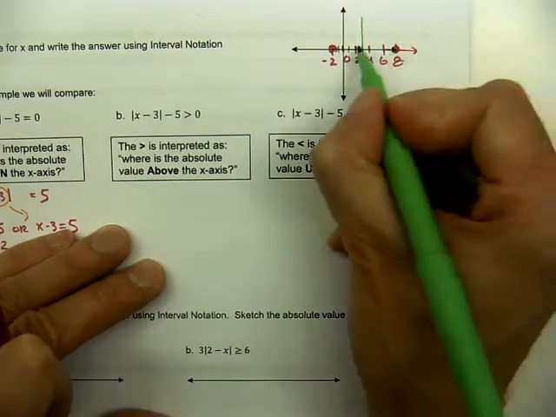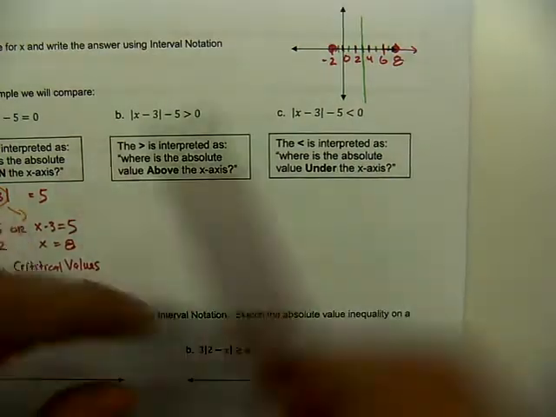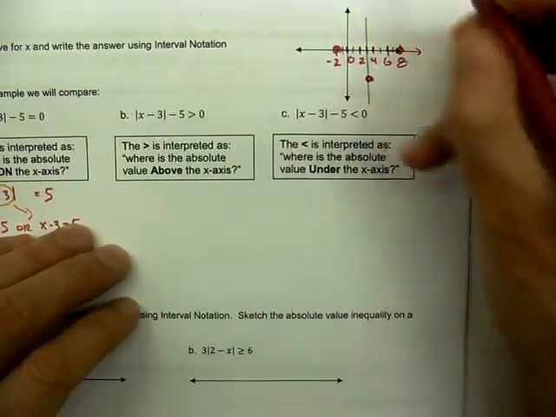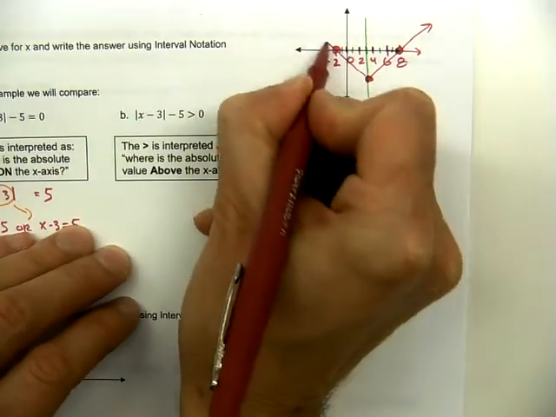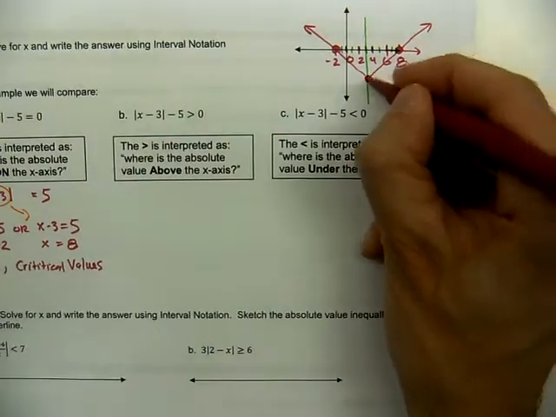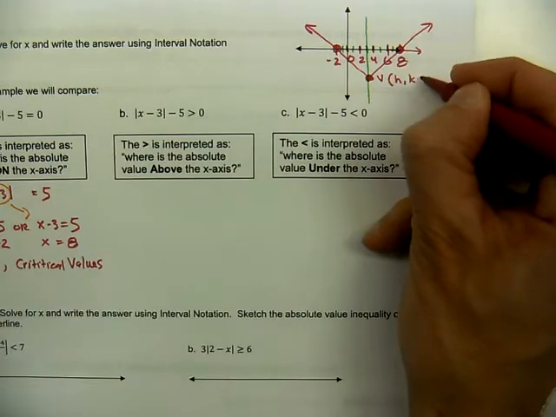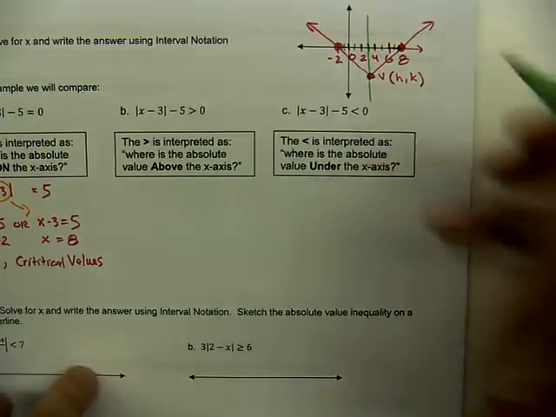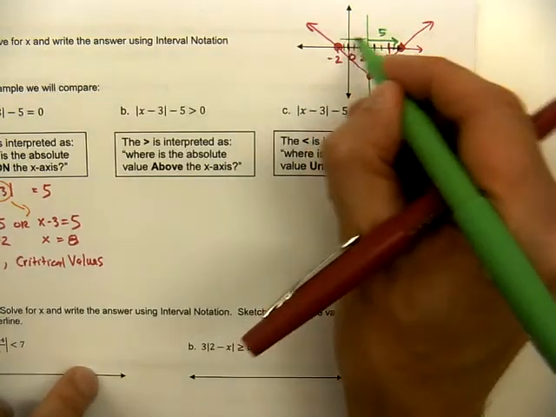And again, we should be able to count 5 on the other side as well. 1, 2, 3, 4, 5. Somewhere on this is the vertex. And so this is our absolute value graph on the number line. So this is the vertex, and we usually refer to that as H and K. And this distance right here, that's the 5.